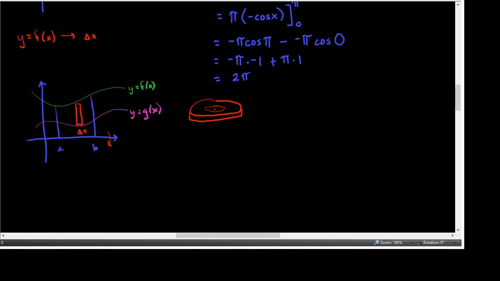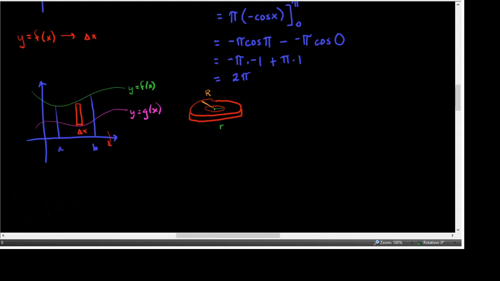Well, you need to realize that there are two radii. There's the radius of the inner hole of that. I'm going to call that little r. And there's the radius to the outside edge of the washer, which I'm going to call big R, because of course little r is smaller and big R is bigger.